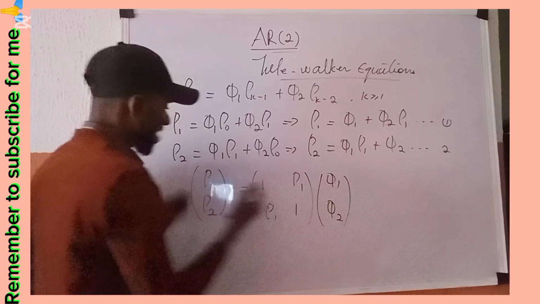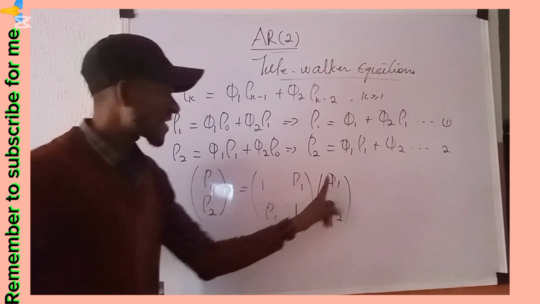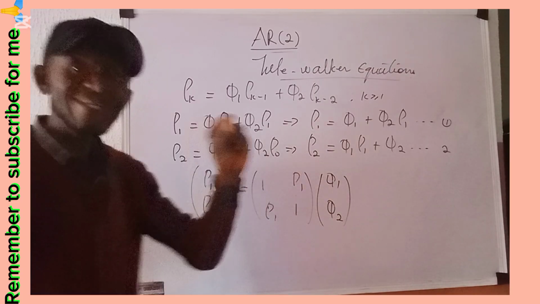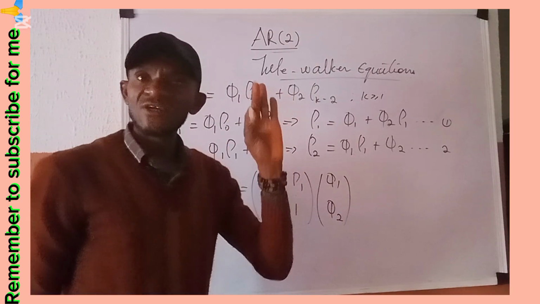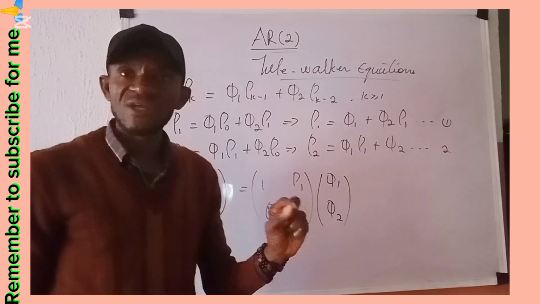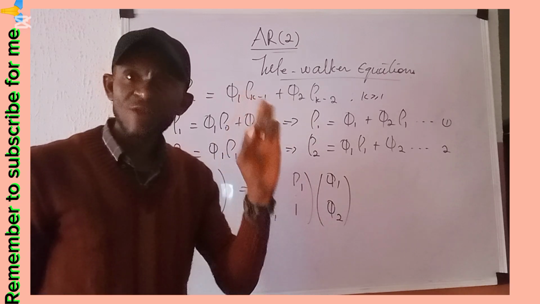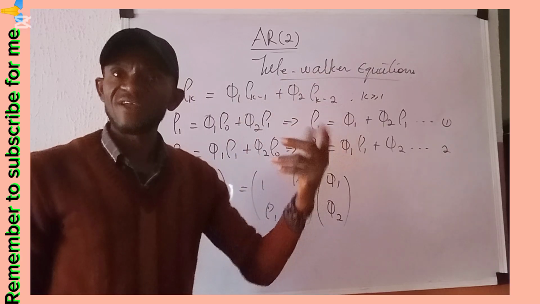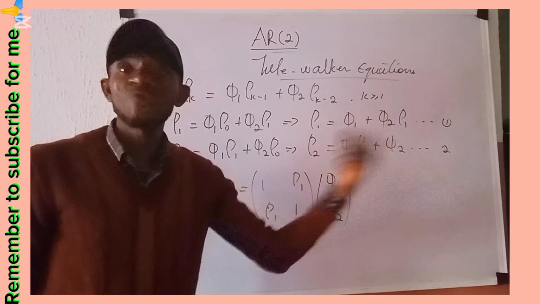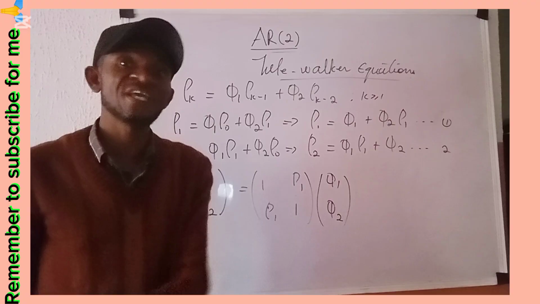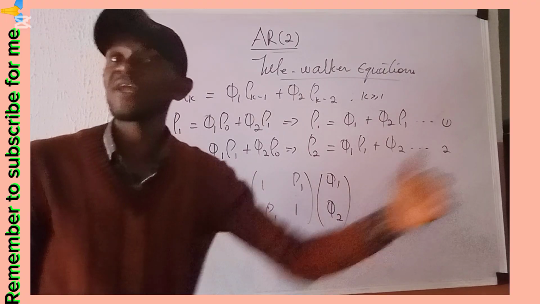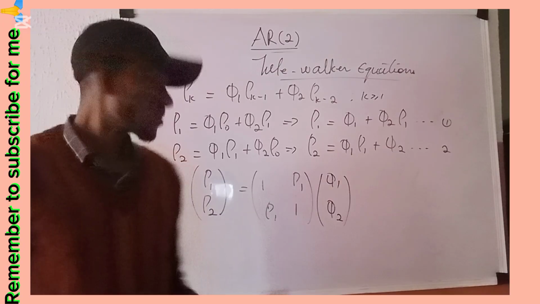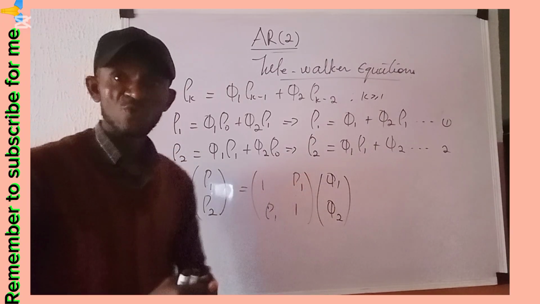Then use it now to evaluate whatever you have here, and that becomes the value of phi 1 and phi 2. So somebody can easily give you the values of rho 1 and rho 2 and say they are coming from an AR of order 2 model, and ask you to use those values to find the parameters of the AR of order 2 model and equally write the equation. When questions like that come up, this is the approach you are going to use to go about it.